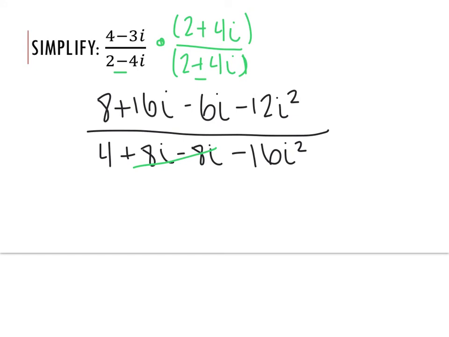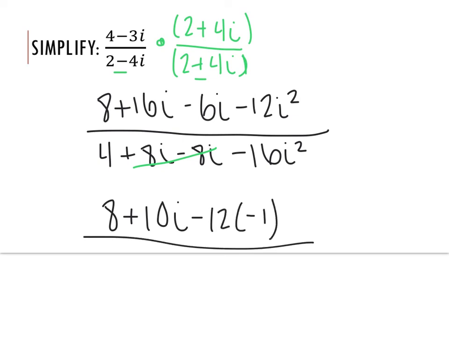So in the top, I still have 8. 16i minus 6i gives me 10i. I still have minus 12, but i squared is a -1. And then in the denominator, I have 4, and then minus 16, and i squared is a -1.